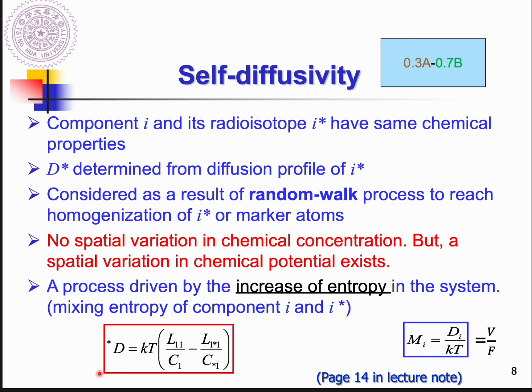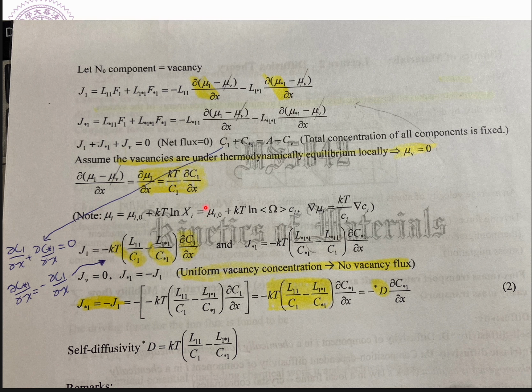Some people were probably curious about how we derive this relationship between the self-diffusivity and the corresponding parameters. The details are shown in the lecture note on page 14. I just copied one slide, and you can get this information from the lecture note on page 14.